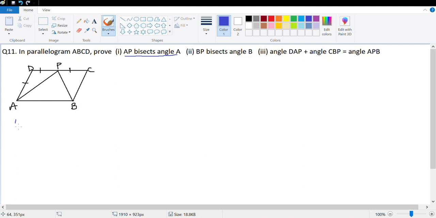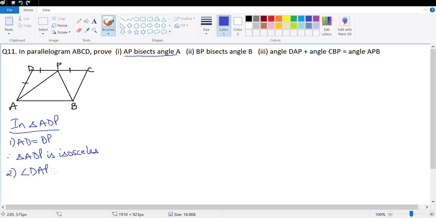So in triangle ADP, number 1, AD is equal to DP. Therefore, triangle ADP is isosceles. What it means is angle DAP is equal to angle DPA is equal to X. So let's call it X. Perfect.